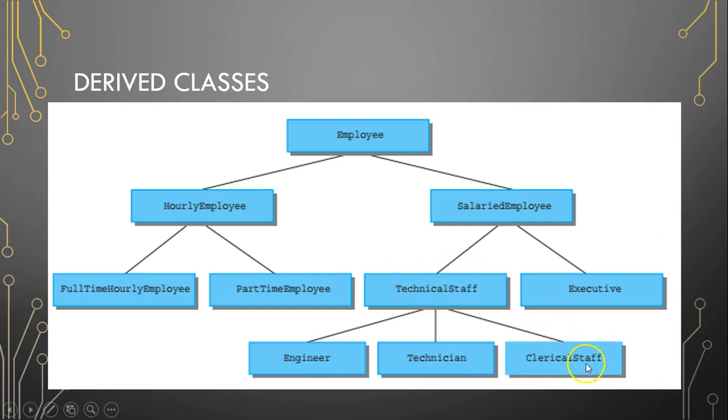The child class, of course, is clerical. Or we could look at technical staff: the parent is salaried employee, and the children are clerical staff, technician, engineer. If I want to look at employee from technical staff, that would be called an ancestor because it's not the immediate parent. Only the one immediately above it is called a parent. Anything farther back is an ancestor.